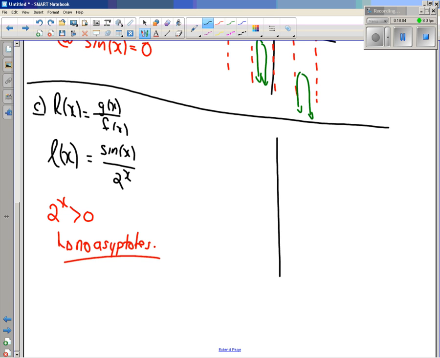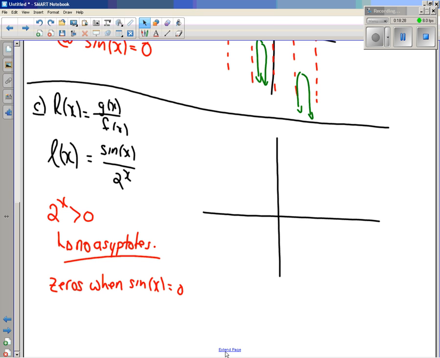So if we're starting our graph, where are our zeros? So our zeros are when sine x equals 0. So again, at 0, pi, 2 pi, both positive and negative. Okay.